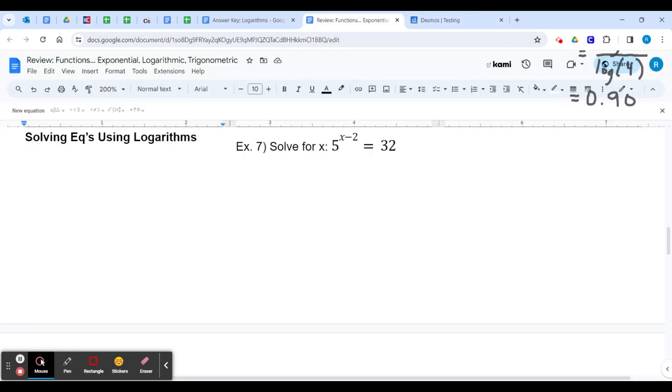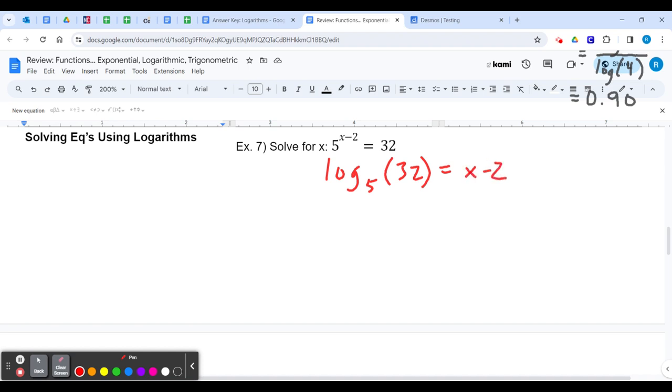But I can also solve this more manually. So if I rewrite this as a logarithm, log base 5 of 32, and then set that equal to my exponent, x minus 2, then I can evaluate this problem out.